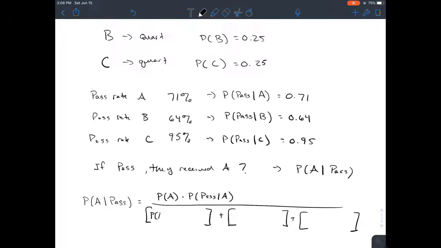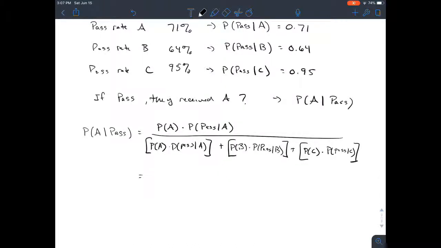This is going to be the probability of A times the probability of a pass given they have test A, plus the probability they get test B times the probability they pass given they got test B, plus the probability they get test C times the probability they pass given they received test C.